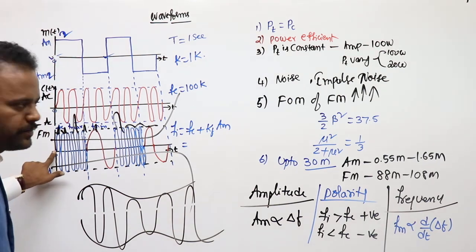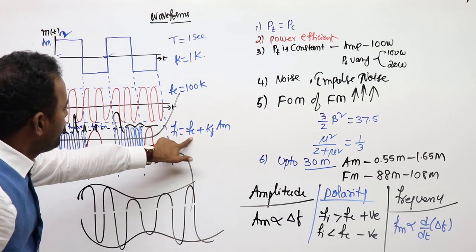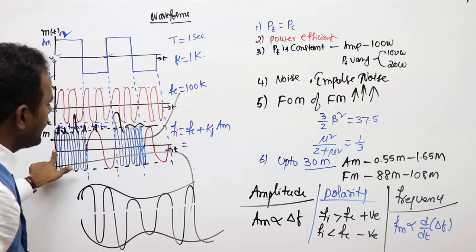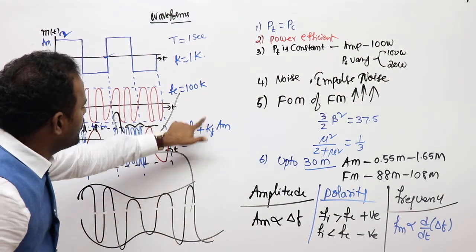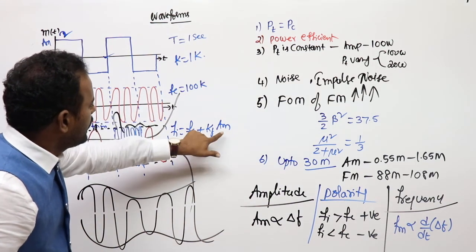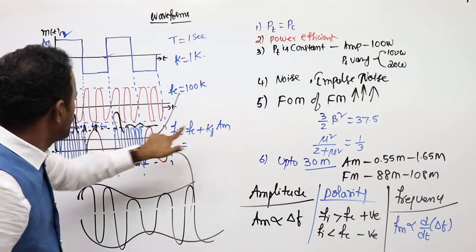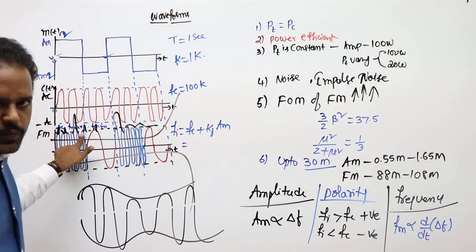Starting from 0, Fc plus 0 means Fc only. Later, Kf value is 1 kHz per volt, Am value is 2, so 100 plus 2 becomes 102.